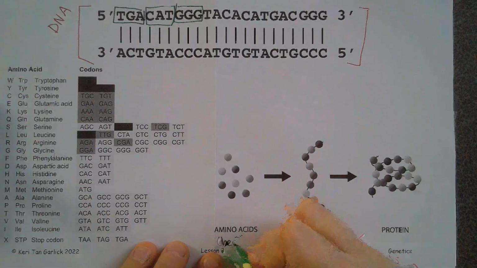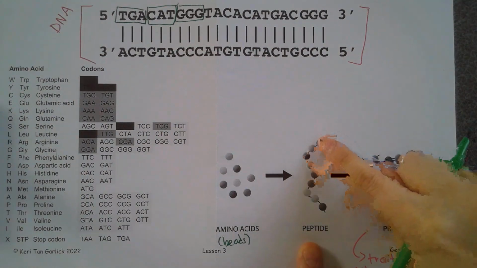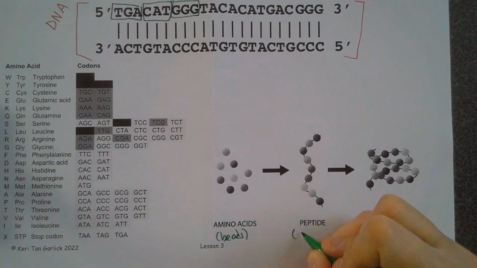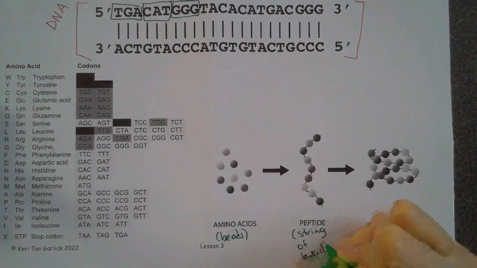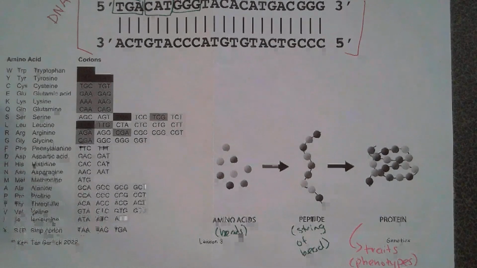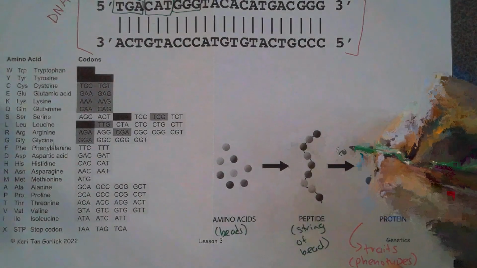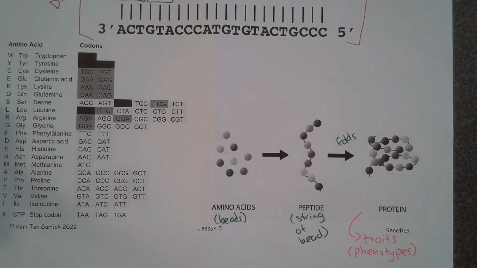I string these beads together in a really specific order, and that is what makes the peptide. I like to think of it as a bracelet or a necklace, a string of beads. Then that string of beads will fold, and when it folds, it makes the protein. That protein has a really specific shape, allowing for a very specific function.